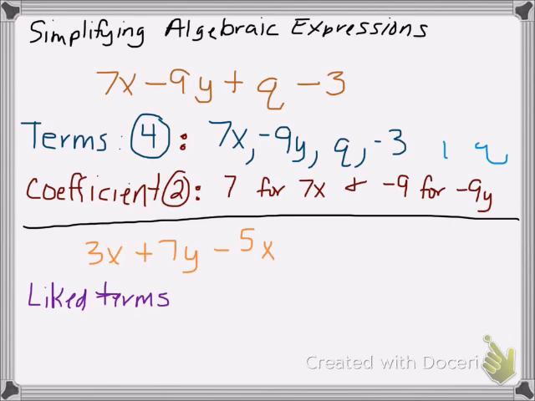In this case, the two things that have something in common are the 3x and the negative 5x. So you should be able to combine these, add those. So what is 3x plus a negative 5? Different signs, so that becomes a negative 2x. The 7y doesn't combine with anything, so it just comes down.